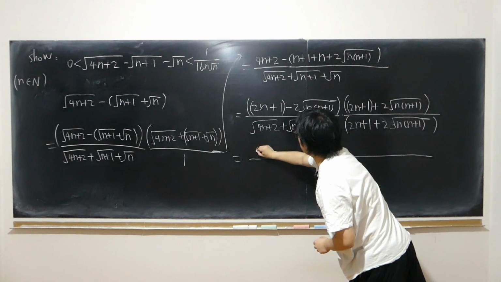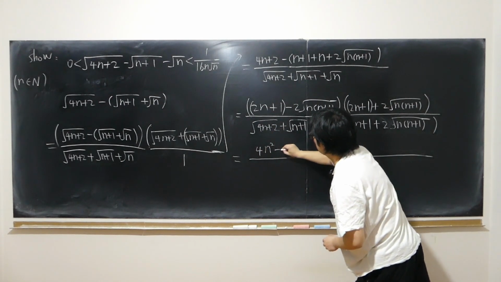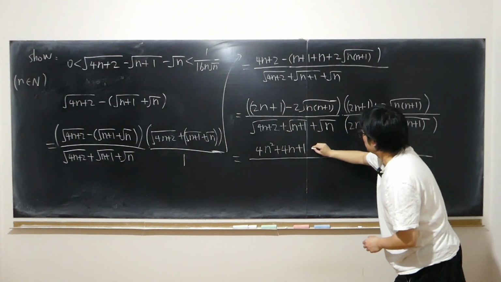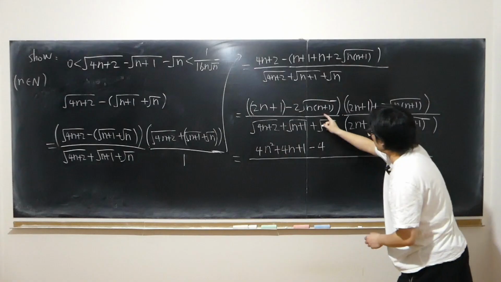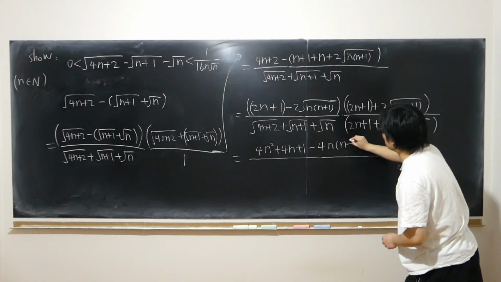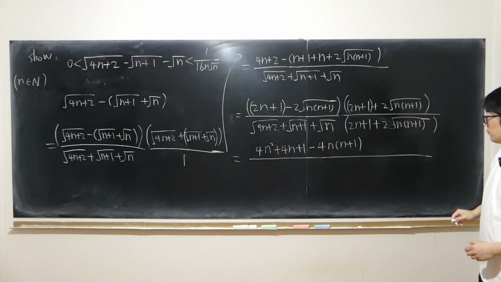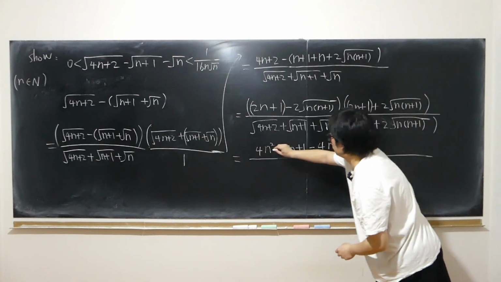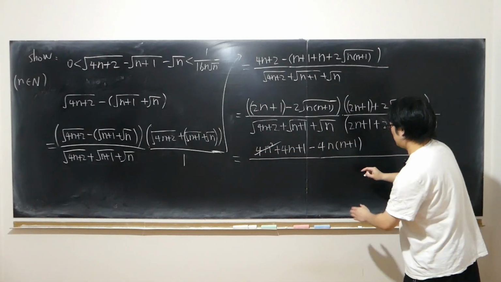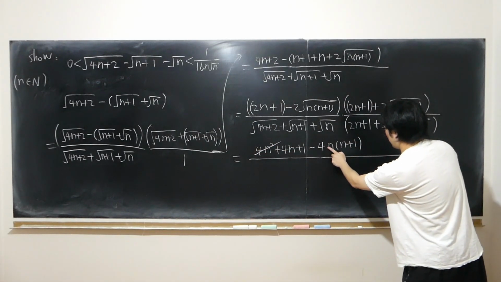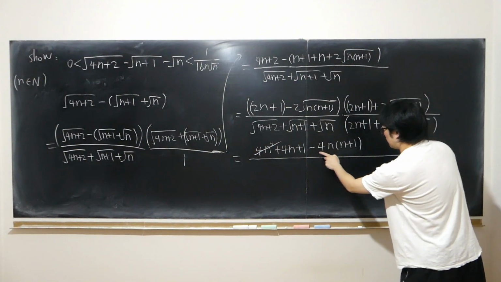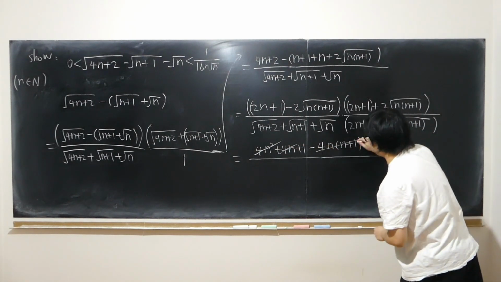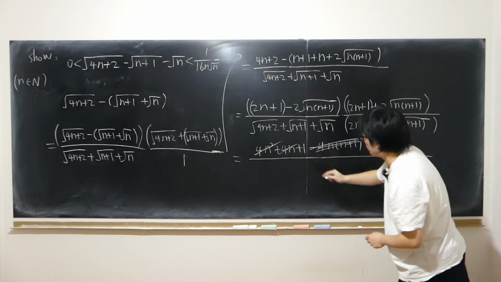This square is 4n squared plus 4n plus 1. This square becomes minus 4 times n plus 1. But that minus 4n squared, they just cancel out. Then you have minus 4n, and here you have plus 4n, so this is completely gone. All you have is 1, right?